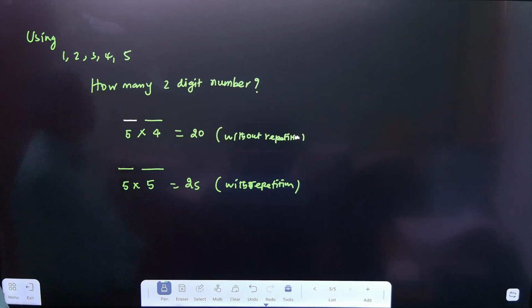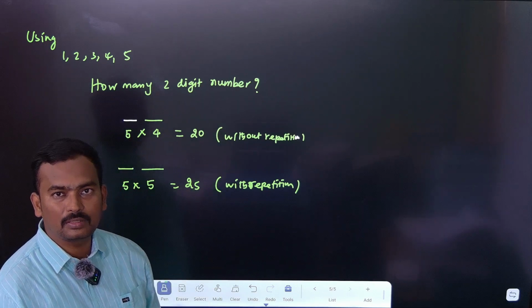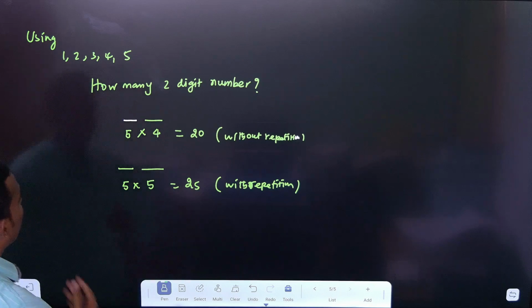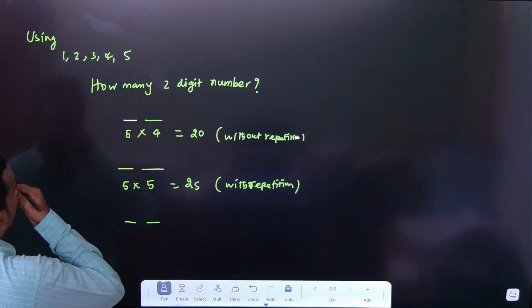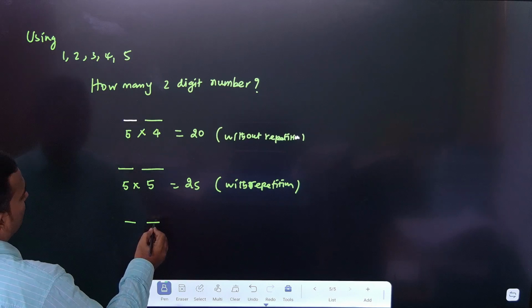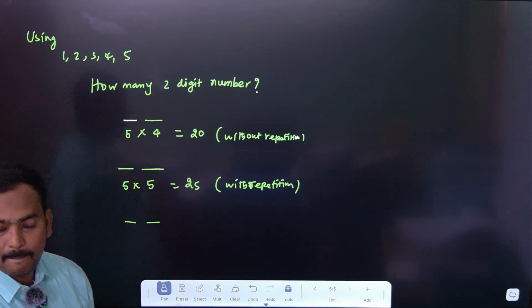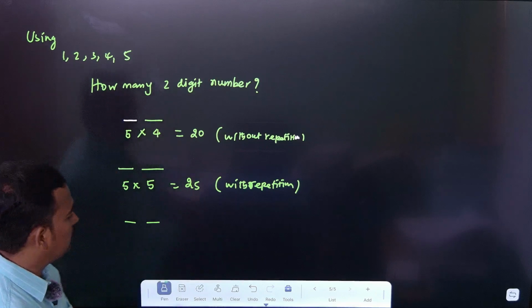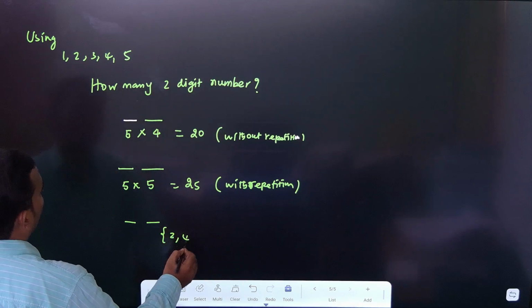suppose I slightly change the question. How many 2-digit even numbers are possible using these digits? In that case, you can see the units digit must be an even number, right? So what are the possibilities here? 2 and 4 only.